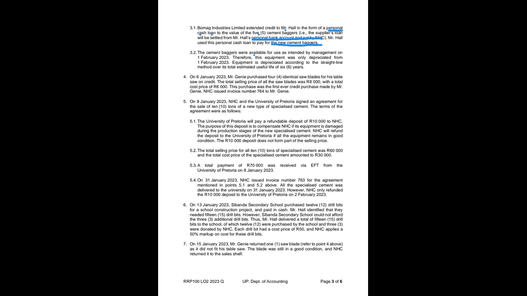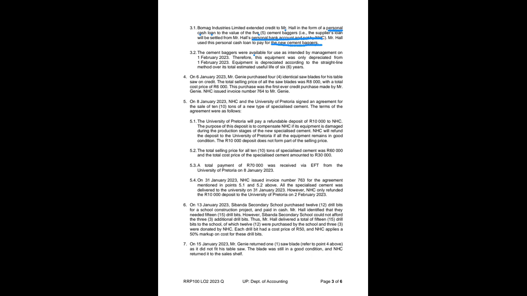So, what we've now identified is that Mr. Hall has gone out and bought equipment, right? He took a personal loan, he bought equipment. And then the business now begins to use this equipment. So, what exactly do we think that is? What is it when an owner takes his personal equipment and gives it to the business?